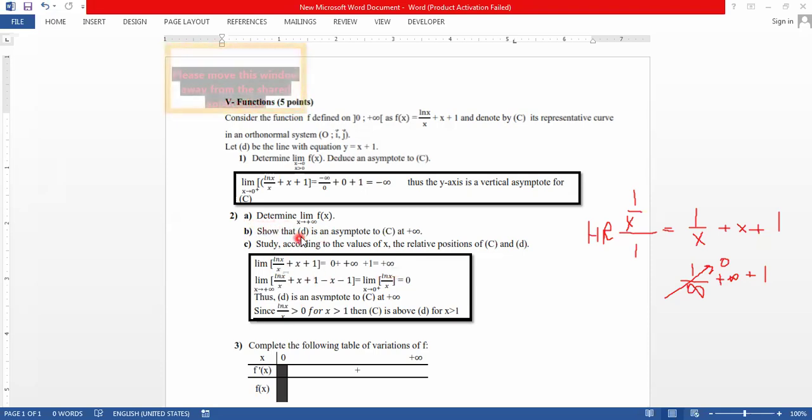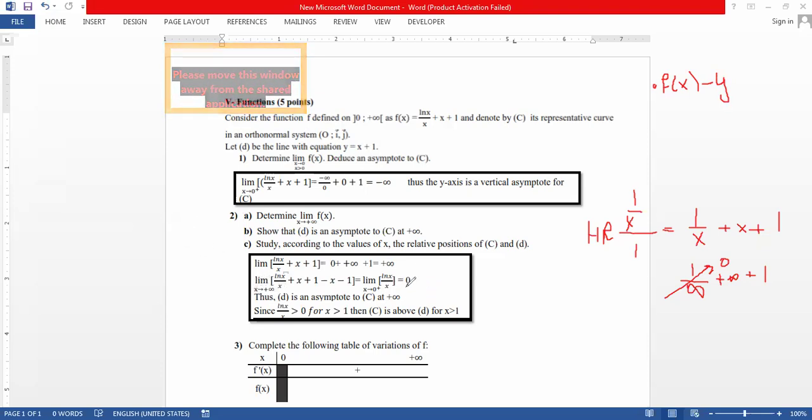Now we need to show that D is an asymptote to C. How can we prove that a line is an oblique asymptote? This is a two-step verification. The first step, you have to do f of x minus y. f of x means the curve, y means the asymptote. After doing f of x minus y, we need to do the limit when x tends to plus infinity.